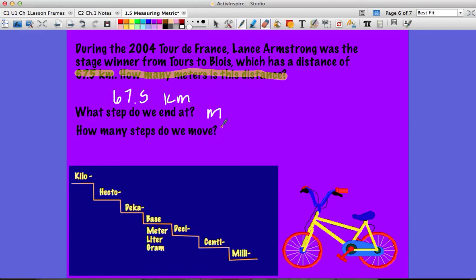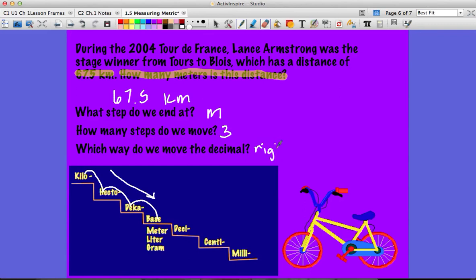Okay. So how many steps does that mean we move? That means we move 1, 2, 3. And which way do we move the decimal? Well, because we're going down the stairs, we move the decimal to the right. Or we can say, does that mean that we multiply or divide? That means that we multiply.